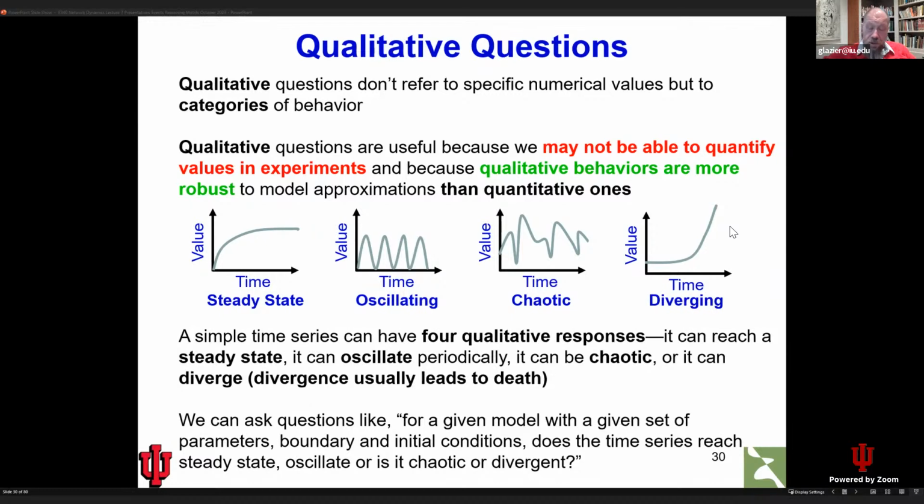Are there different initial conditions for the same model that give me different states? For the same initial conditions, if I do a perturbation, can I go from one kind of state to another? Those are all meaningful. If my heart is oscillating, which it better be, and I get hit in the chest with a baseball, if my heart stops, I go from an oscillating to a steady state situation.